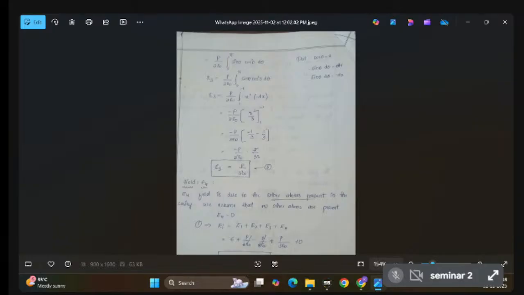Upon simplifying, E3 is equal to P by 3 epsilon naught, pure mathematics. In this way we get E3, and E4 is 0. What is EI? E1 plus E2 plus E3 plus E4.